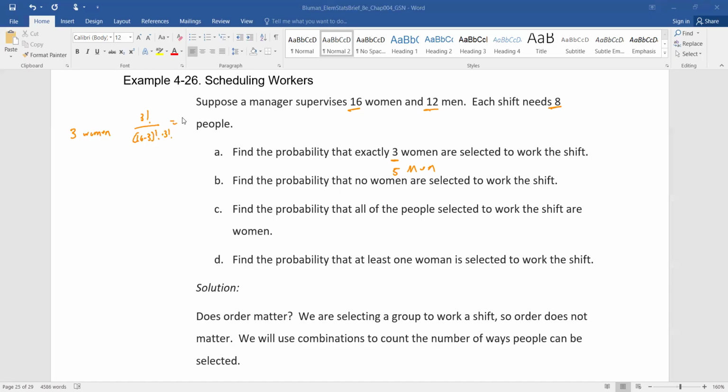That comes out in the calculator as 560 combinations, pulling 3 women out of 16. The other part has to be 5 men, and there are 12 men. So this would be 12 factorial over 12 minus 5 factorial times 5 factorial.